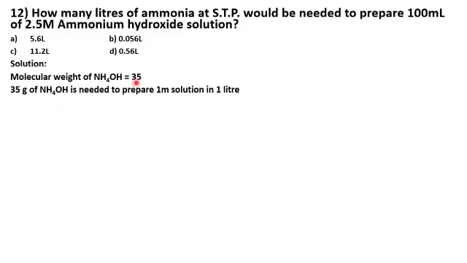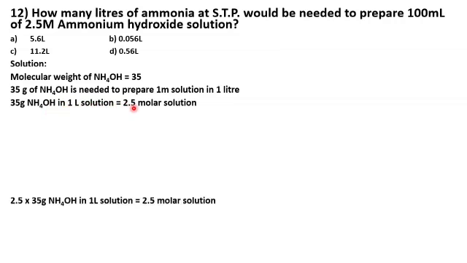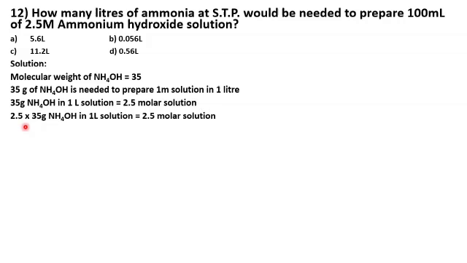Since the molecular weight is 35, 35 gram of ammonium hydroxide is needed to prepare 1 molar solution in 1 liter. 35 gram of ammonium hydroxide in 1 liter solution is equal to 2.5 molar solution, as given in the question. So 2.5 into 35 divided by 10 gram of ammonium hydroxide in 100 ml solution is equal to 2.5 molar solution.